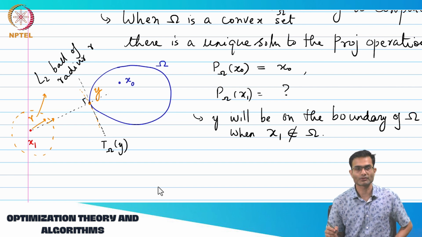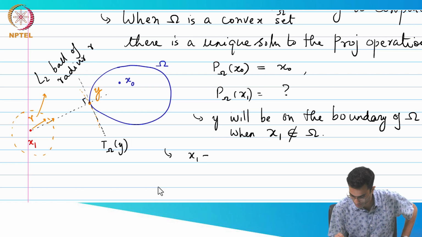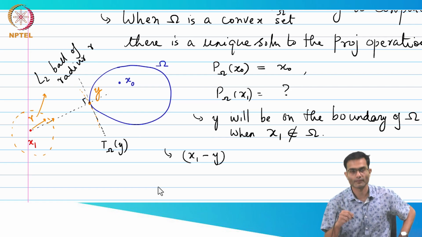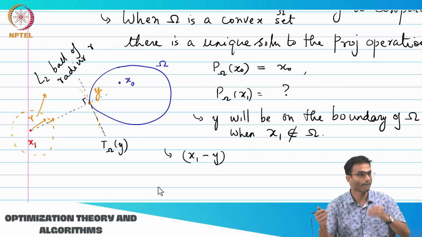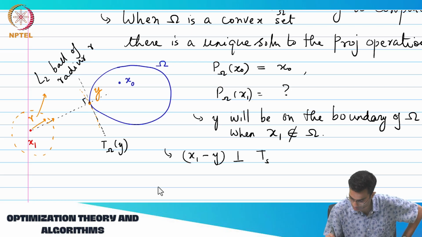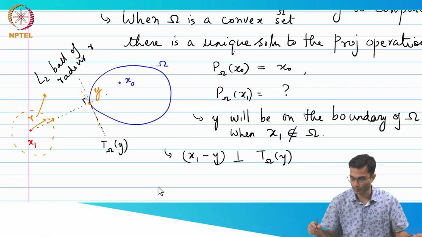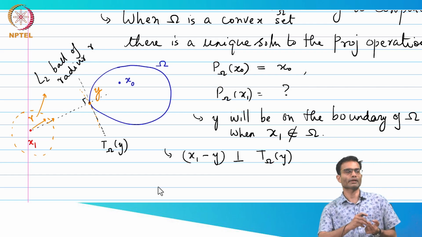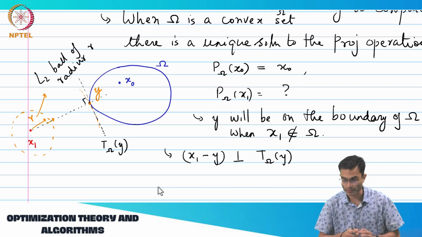And again, I'm going to state this without proof that this vector x1 minus y should be in what relation to the tangent cone? Perpendicular. So this is going to be perpendicular to the tangent cone of y. So these are just some simple intuitive properties of this projection operation.